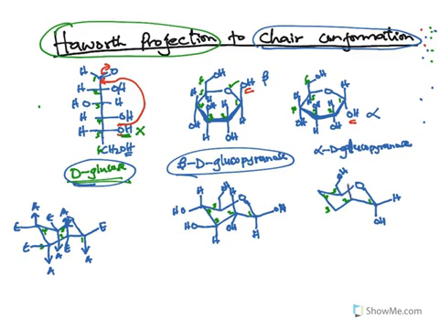Position 2, we have hydrogen, and then we have OH in the equatorial. Here we're going to have that, so we can just copy them because it's only position 1 that differs. So just copy them from what we did in the beta-D-glucopyranose, and we form the product that looks like that.